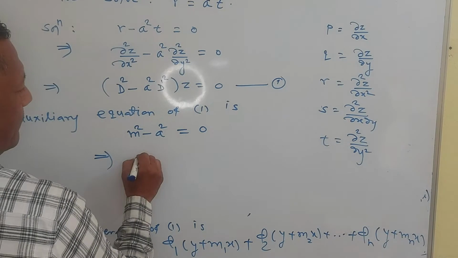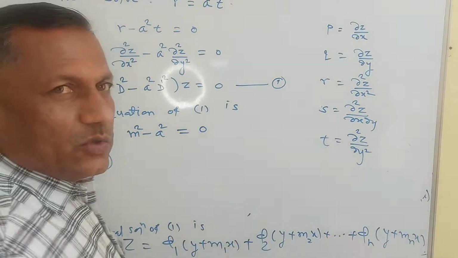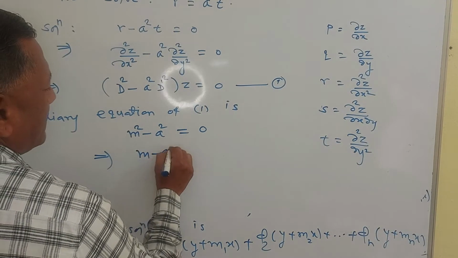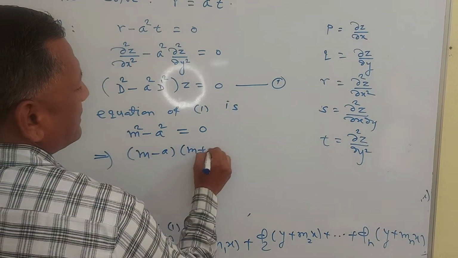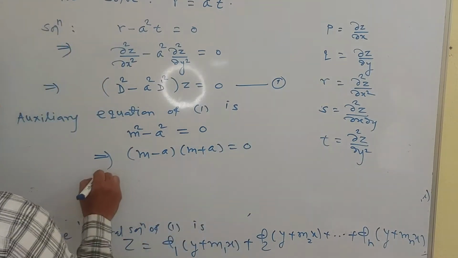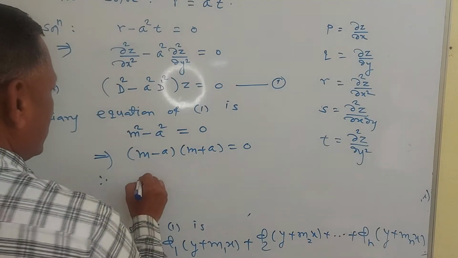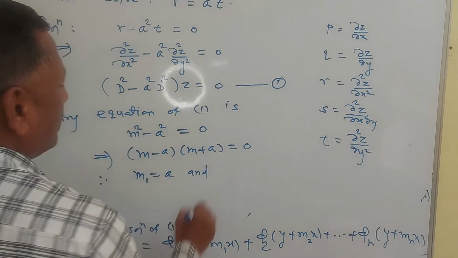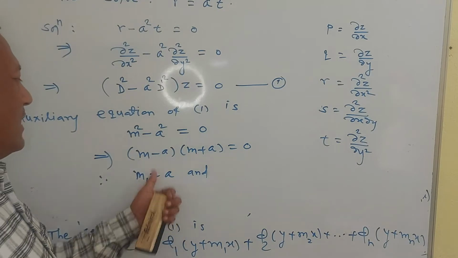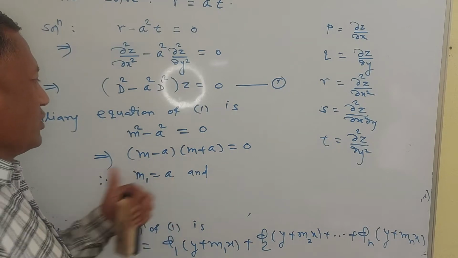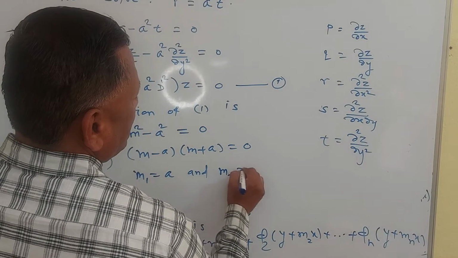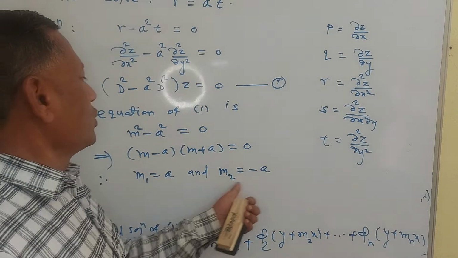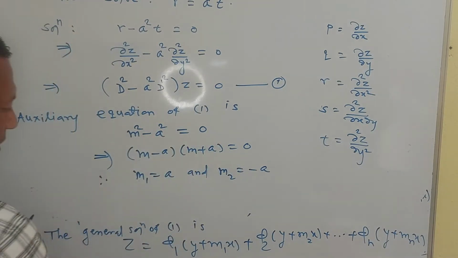So this implies, you know that a square minus b square is equal to a minus b into a plus b. So m minus a into m plus a is equal to 0. Therefore, what are the roots of this equation? m minus a is equal to 0 means m is equal to a. So m1 is equal to a and m2 is equal to minus a. So a and minus a are the two roots of this auxiliary equation.